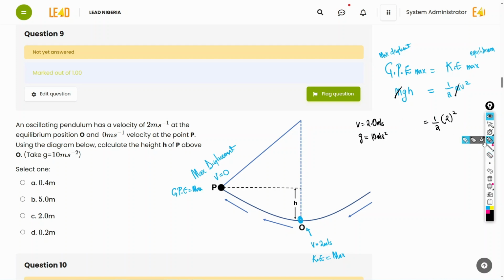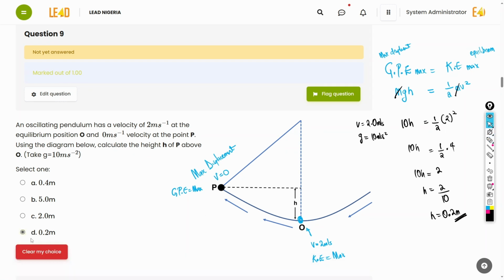Yes, if you plug in properly, 10 times h, so basically 10h. Good. So on this side, this would be 1 over 2 times 4 is equal to 10h. So 10h is equal to 2. That would mean that h would be equal to 2 over 10. h is equal to 0.2 meters.